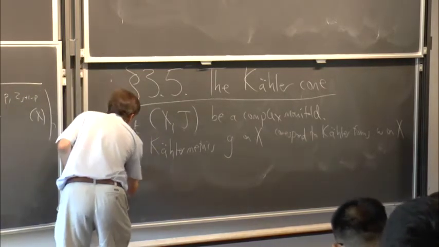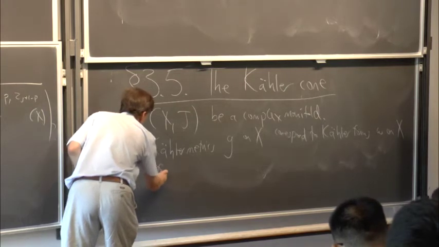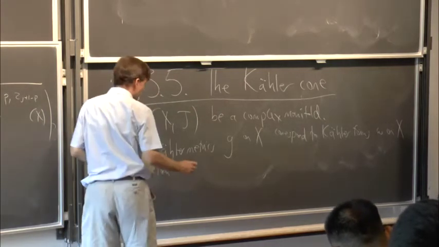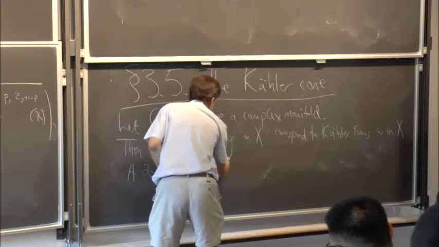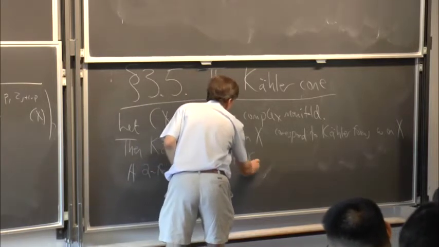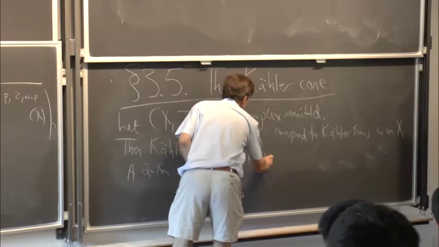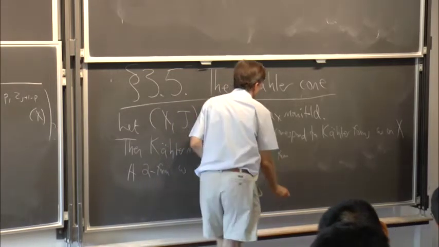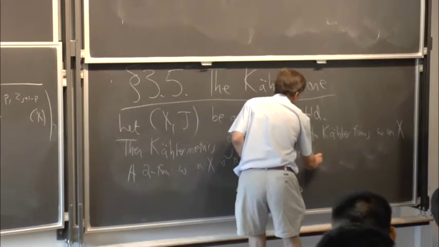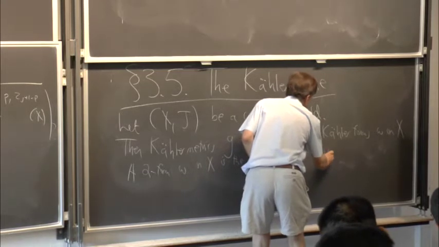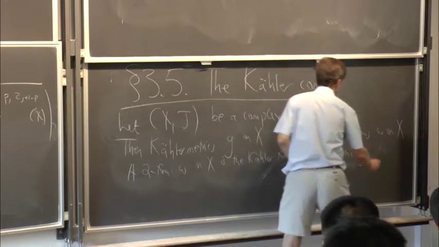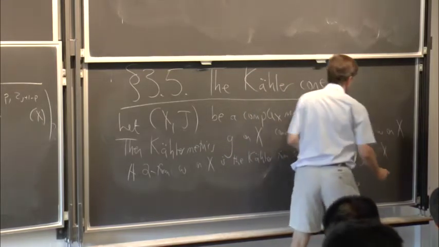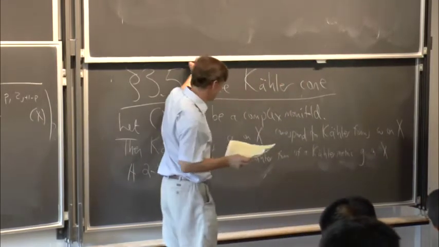Any real 2-form omega on X is the Kähler form of a Kähler metric g on X with its complex structure, and g is then unique.